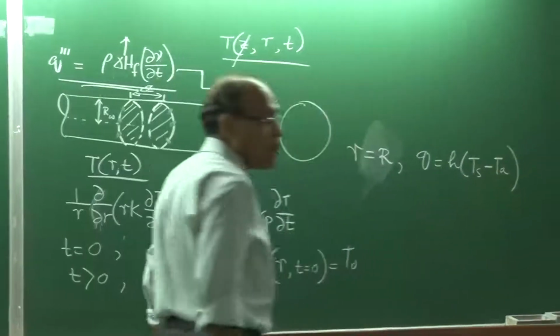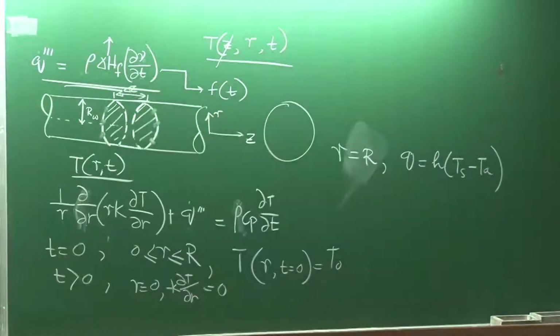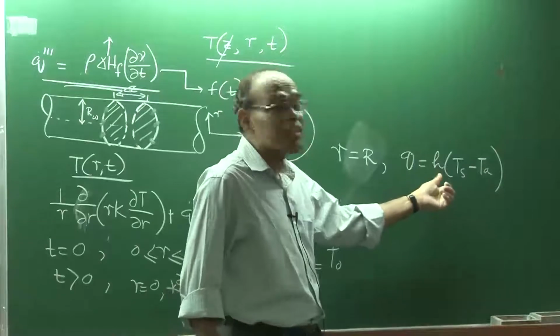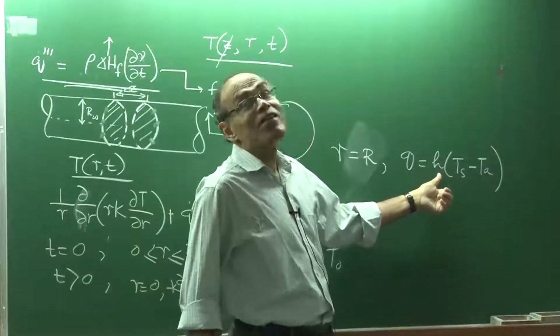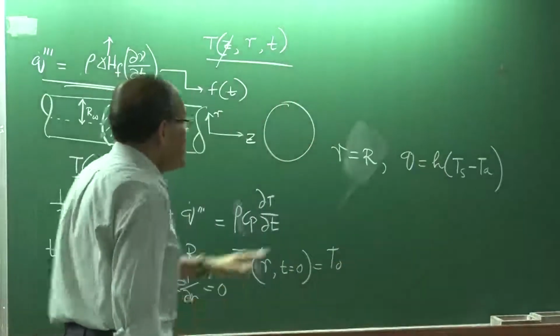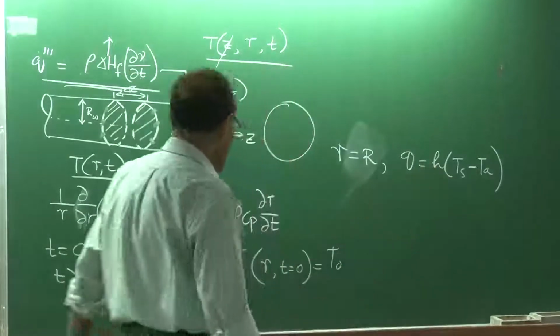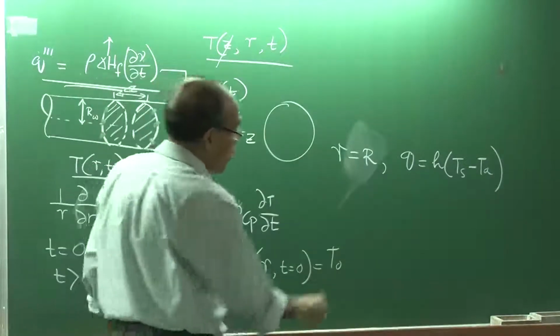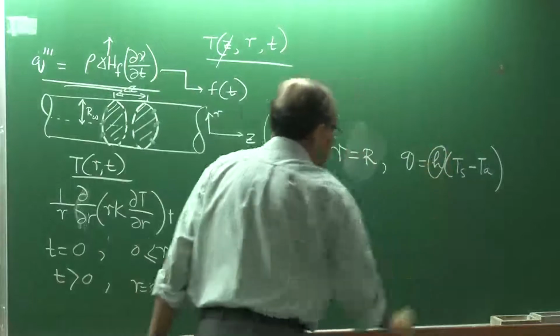If you are doing forced air cooling, on the other hand, if it is a quenching operation, a similar kind of boundary condition can be applied, but in this particular case we will use a different heat transfer coefficient. So the intensity of the cooling will depend on the heat transfer coefficient.